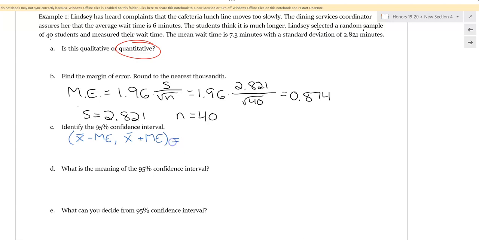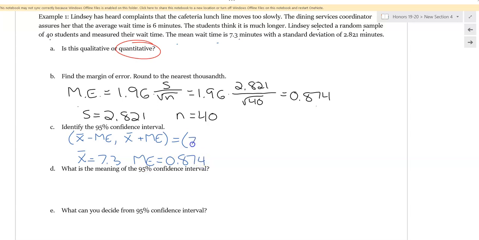Our x bar is the mean, their mean wait time of 7.3, and our margin of error we just calculated to be 0.874.